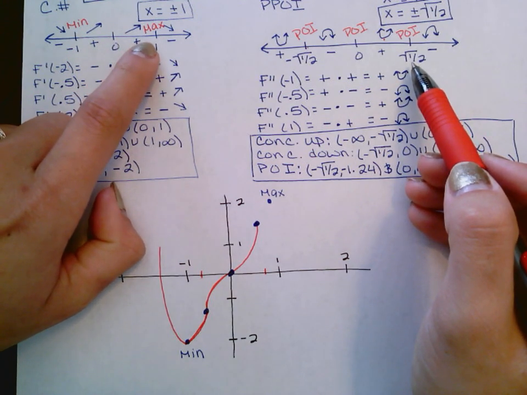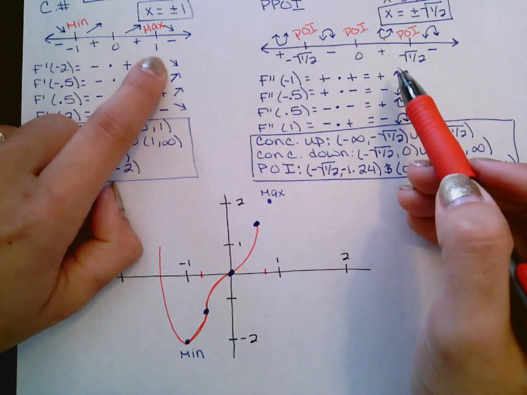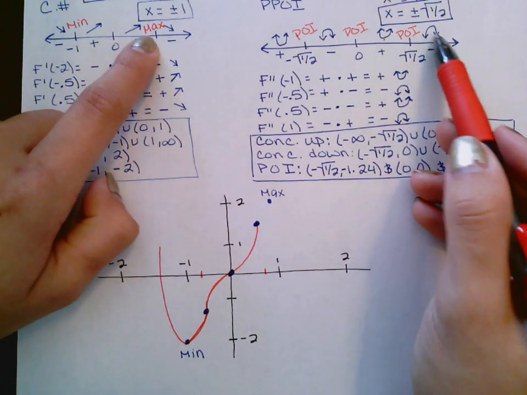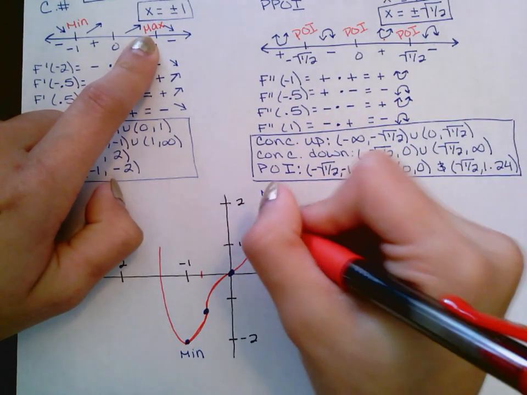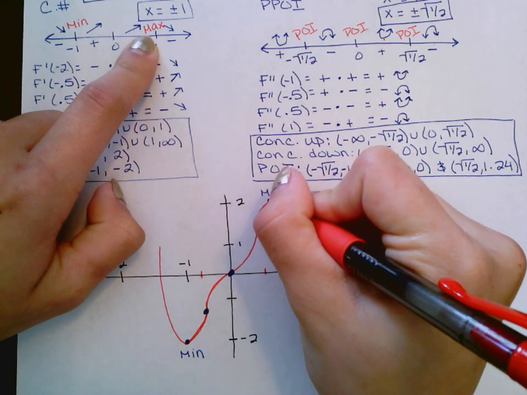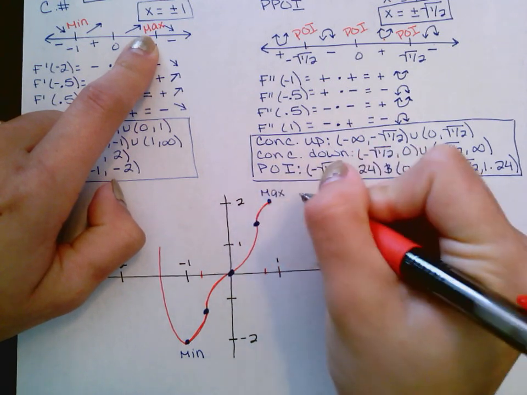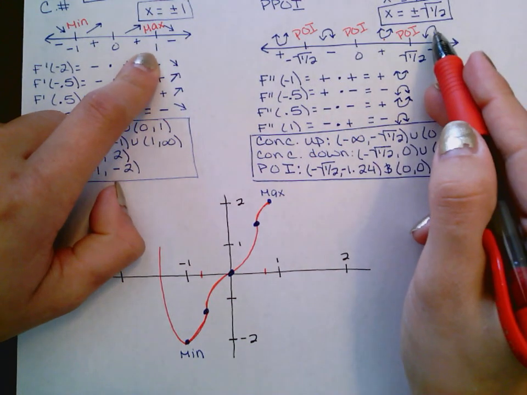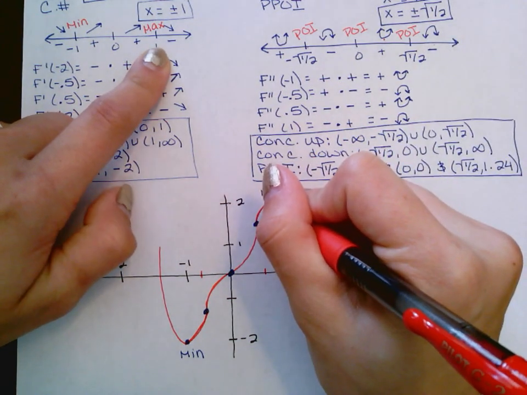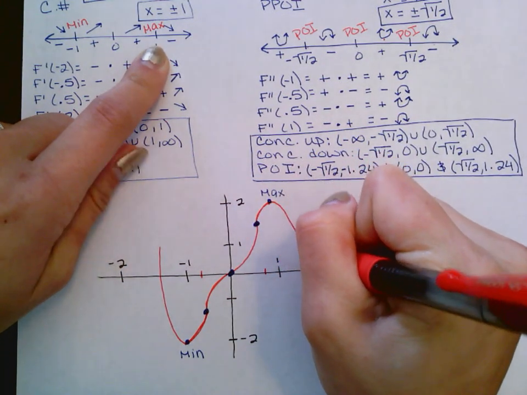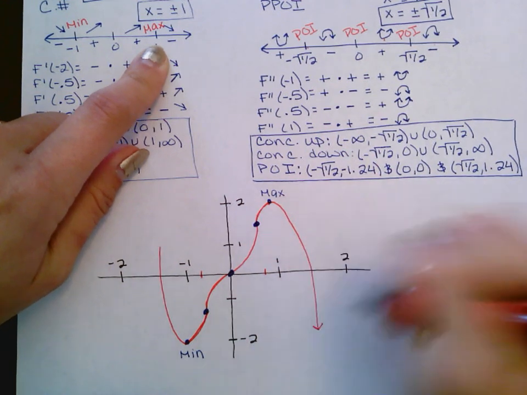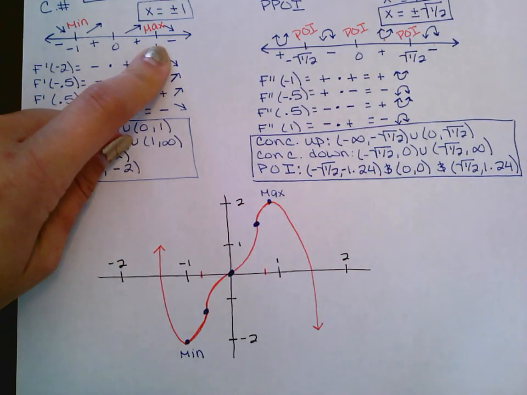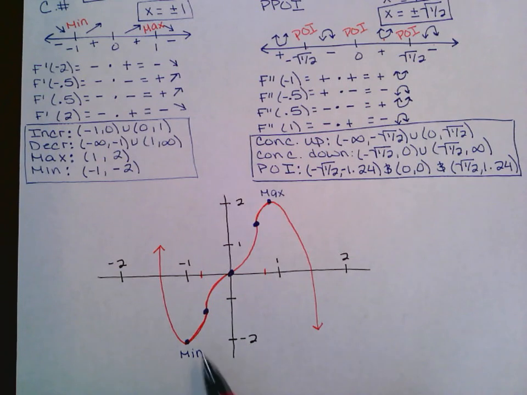Now, I'm going to have a max at 1, which means I'm still increasing to 1, but now, after this 0.7, I need to start being concave down. So concave down and increasing to max at 1. And then I'm still concave down, but now I just decrease forever after 1. Okay? So again, all of our graphs can look a little different, but as long as you are clearly seeing these changes in concavity and increase and decrease, then you are good.